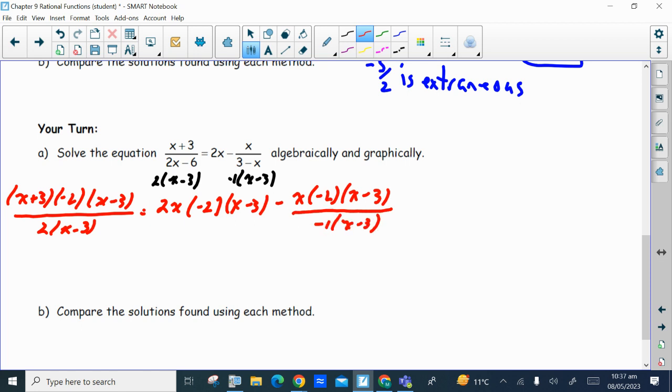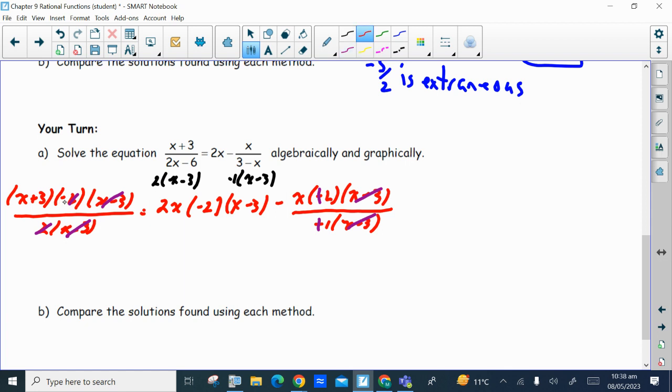And again, just to help with the canceling, I'll write the denominators in their factor form. So the 2's cancel, with that negative sign there, and the x minus 3's cancel. Over here, the negative signs cancel, and the x minus 3's cancel.